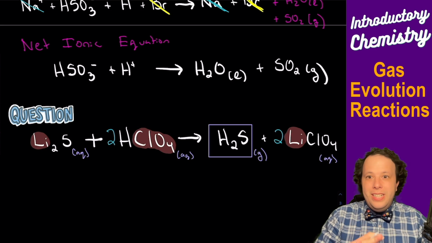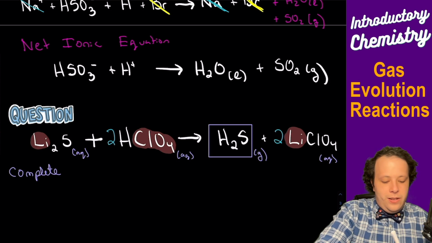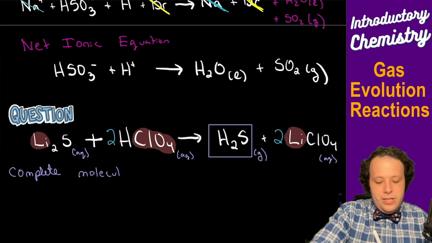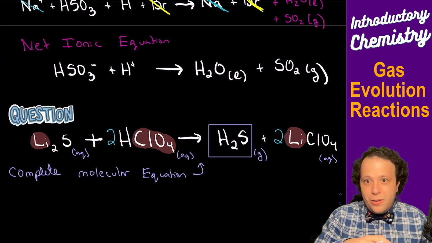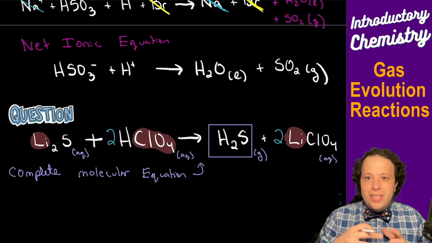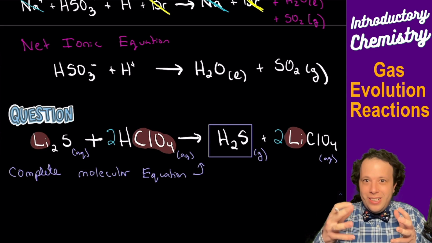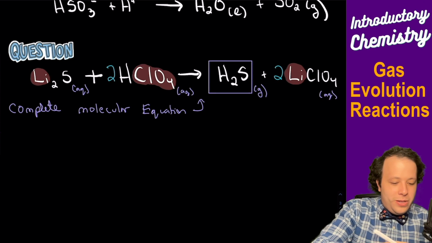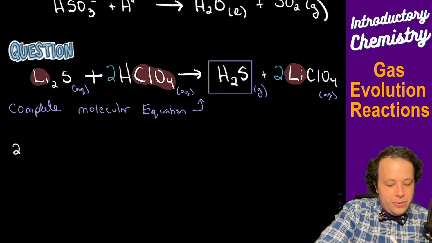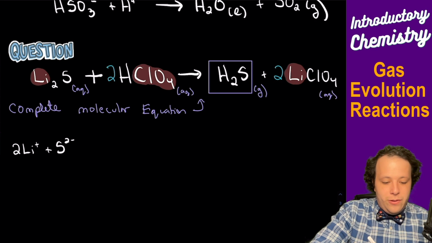So this is your complete molecular equation. Now let's do our complete ionic equation. The complete ionic equation takes all the aqueous components. It tells you that water bonding or hydrogen bonding, doing ion-dipole interactions all around it, are stronger than those ionic bonds, so they dissolve. So we're going to break down all the reactants. We have 2 lithium ions with 1 sulfur ion for lithium sulfide.